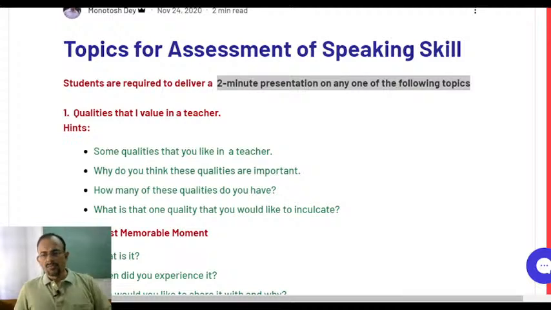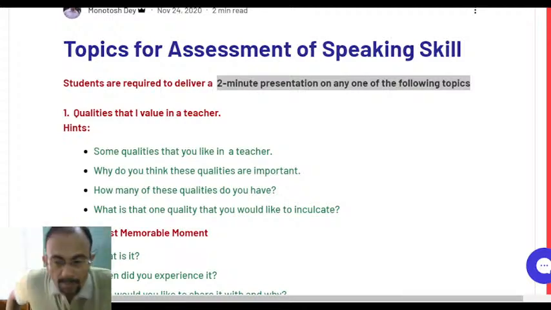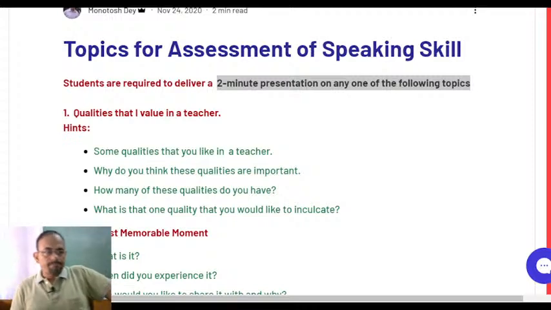So dear students, before I move ahead with my teaching today, do you have any query, especially new students, like Pooja is there, Arya is there, Rudra Singh is there, then Srusti is there. Do you have any question on the assessment of speaking and listening skill?